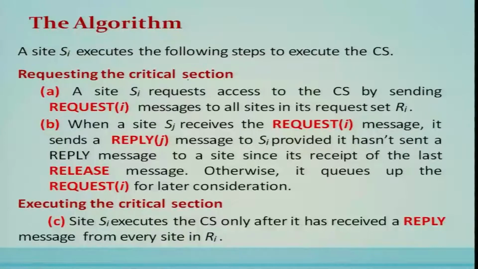Now we have to describe the algorithm. A site i executes the following steps to execute the critical section. The first step is requesting the critical section. A site Si requests access to the critical section by sending a request(i) message to all the sites in its request set.